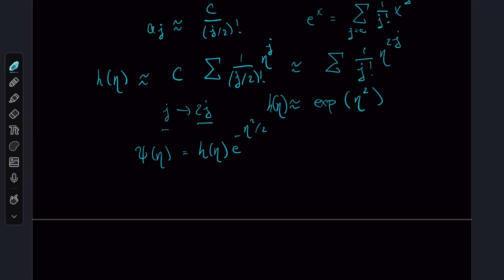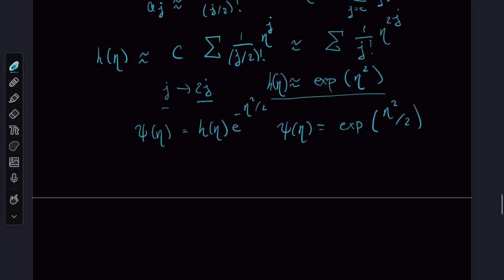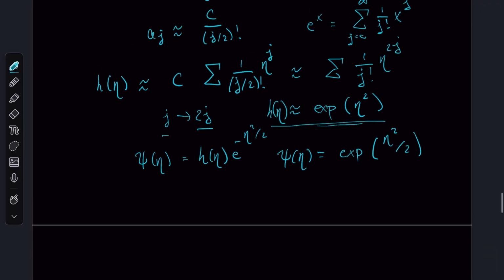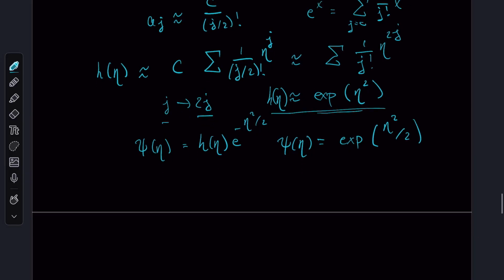But if h of eta goes like this, then our wave function, which is what we're trying to solve for, is going to go like e to the eta squared over 2. And this is obviously a problem because this sort of solution won't be normalizable. So given this exponential behavior, we can say that there needs to occur some highest coefficient such that the recursion breaks. So the recursion has to terminate at some point.